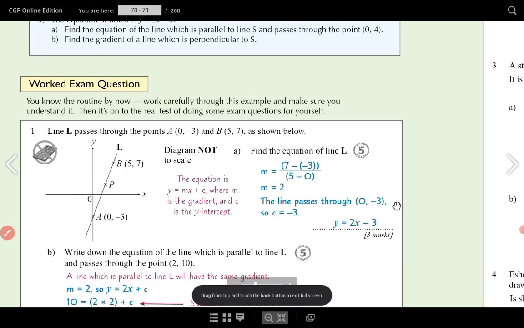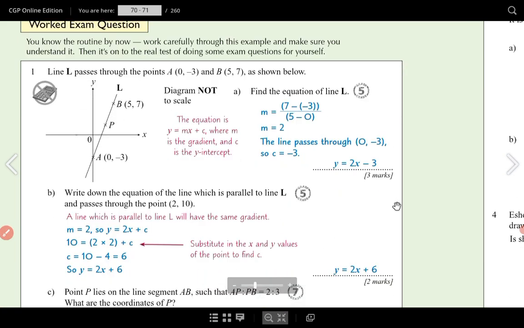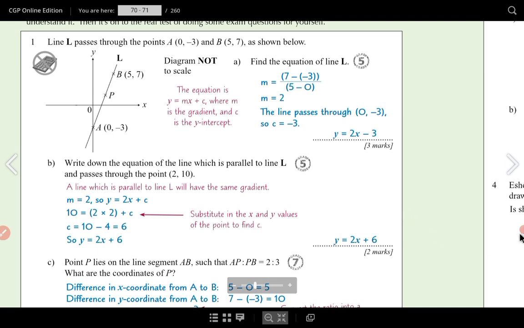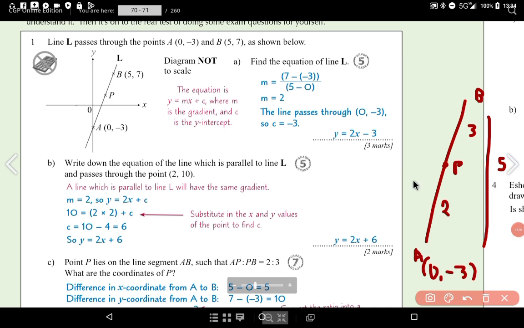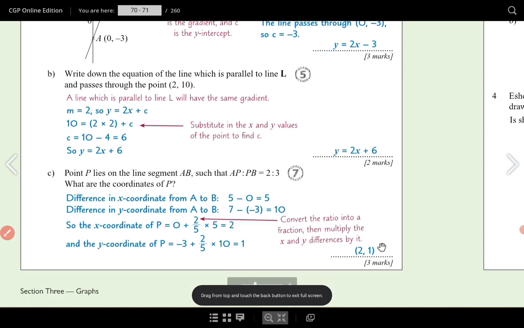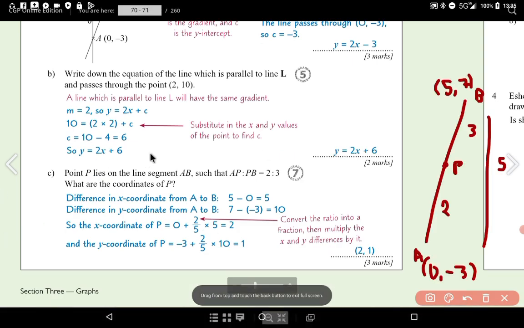The coordinate for B was (5, 7). Okay, it's (5, 7). So we're now finding the coordinates for P, which is (x, y). We need to find these.